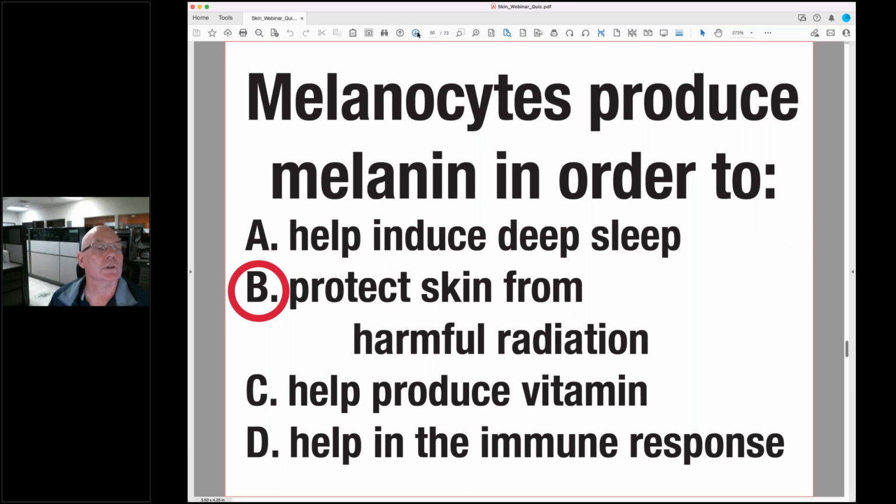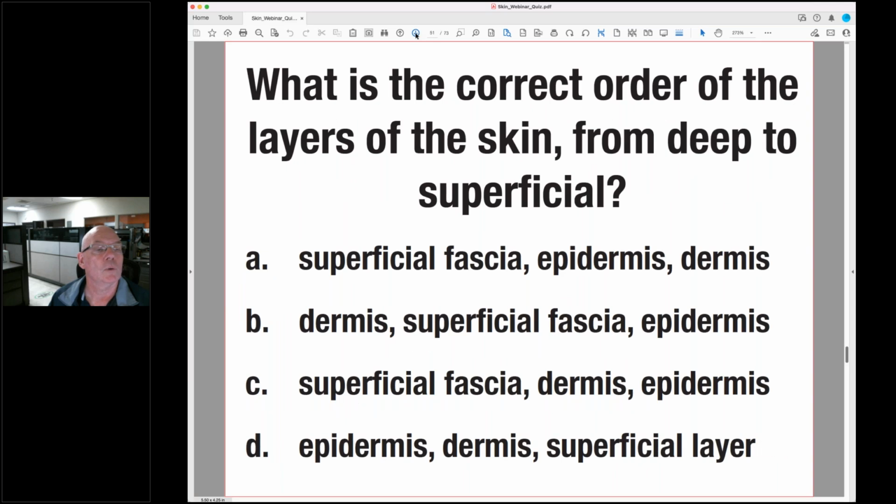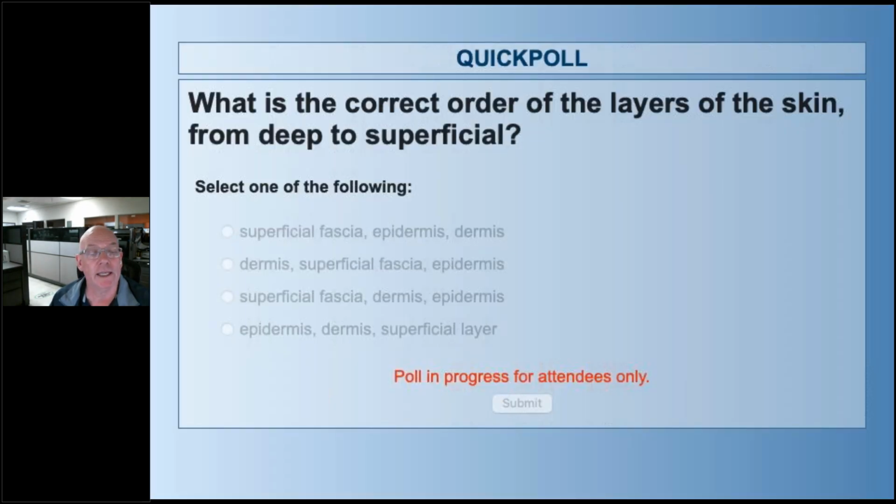All right, next question. What is the correct order of layers of the skin from deep to superficial? Remember, starting at the deepest part, going to the most superficial part.